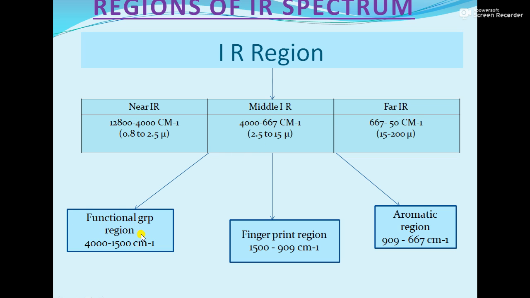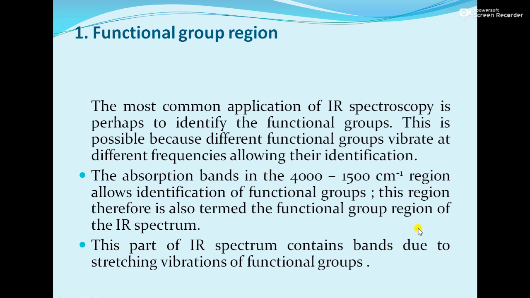The functional group region is detected in the zone from 4000 to 1500 centimeter inverse. The fingerprint region, the second region, is from 1500 to 909 centimeter inverse, and the aromatic region is from 909 to 667 centimeter inverse. So in this way, with the help of the middle IR region, we can detect the functional group, fingerprint and aromatic region. One by one, we are going to discuss these regions.